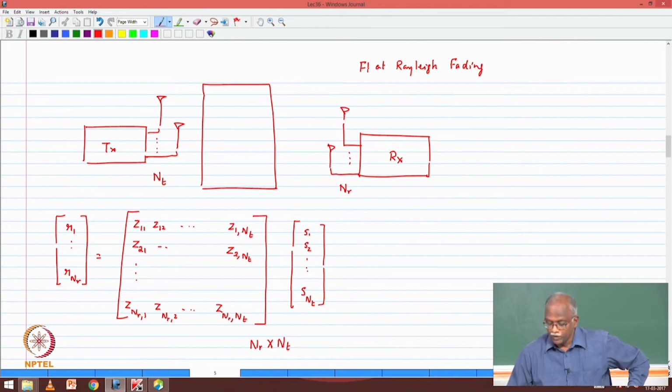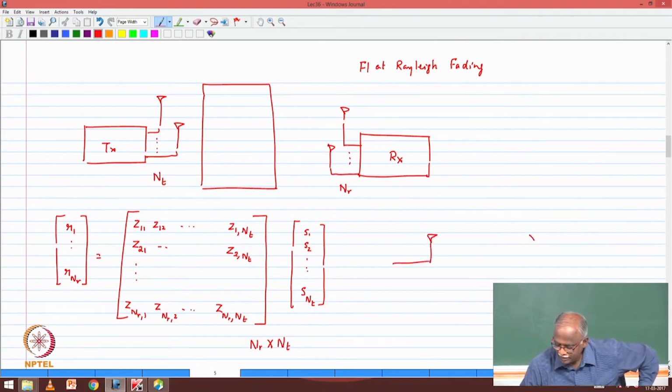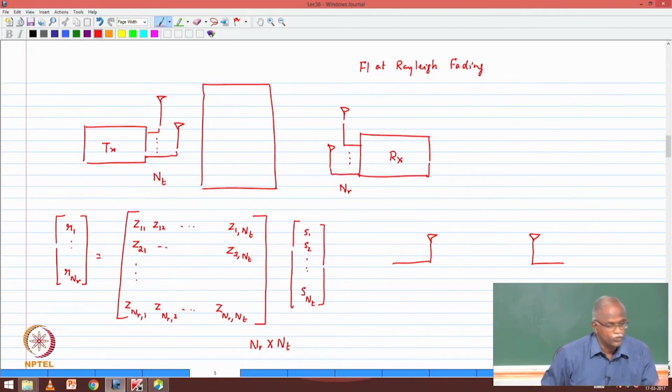Okay. Now, if I were to ask you single transmitter, single receiver, SISO channel, what does your matrix look like? 1 cross 1. Okay. So basically it collapsed in both dimensions to become a 1 cross 1 system. If I tell you I have 1 transmit antenna, 2 receive antennas, this becomes a 2 cross 1 matrix.